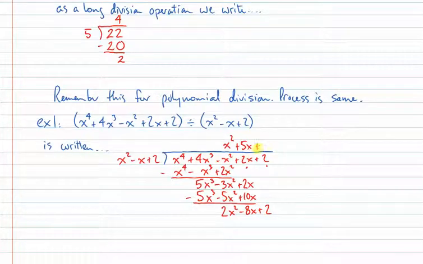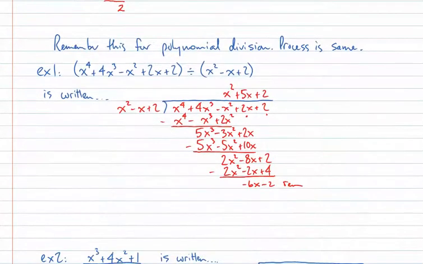I multiply x squared by 2 to form this term. So let's do that onto all the terms of the divisor. We'll subtract the result. These cancel. This is going to be negative 6x and minus 2. This is the remainder.